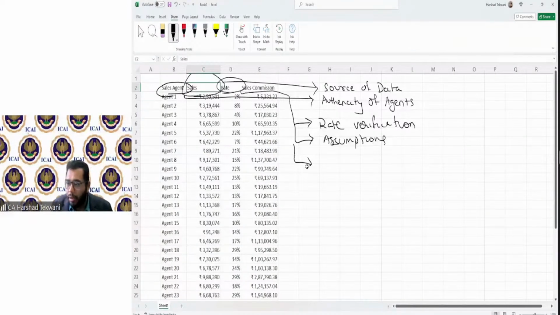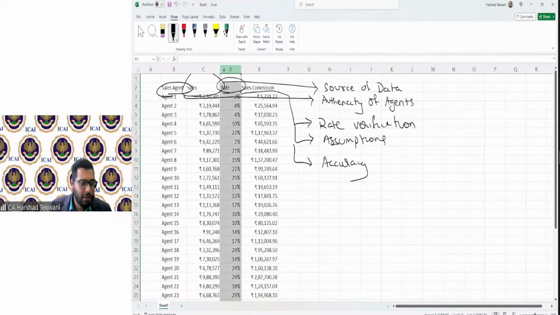Then, what else? Correctness and accuracy of the calculation. Okay, accuracy. Now, these are all the questions that you guys have posed. Apart from these questions, let's say I change this calculation a bit.